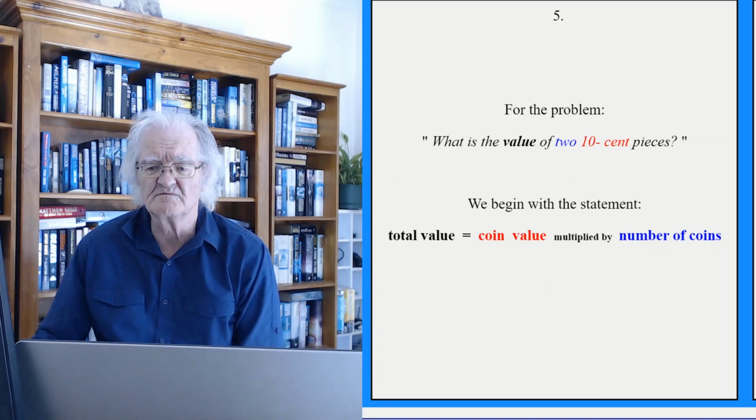For the problem, what is the value of two 10-cent pieces? We begin with the statement, total value equals coin value multiplied by number of coins. That statement is independent of the values given in this particular problem.